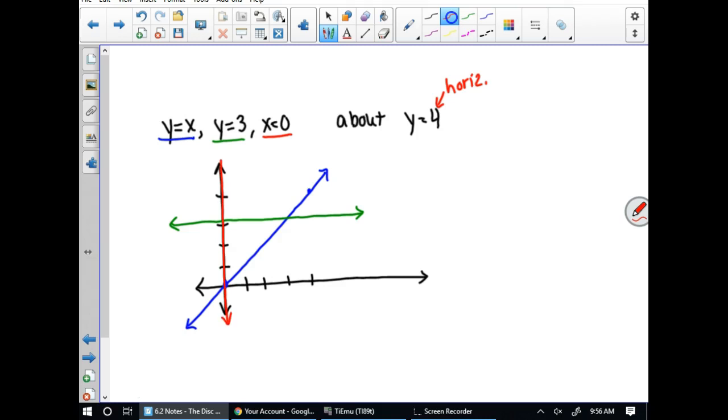Vertical y-axis there. So we are looking at this area. Nice simple triangle there. But we are not rotating around that green line. We are rotating, let me make it purple. We are rotating around y equals 4.